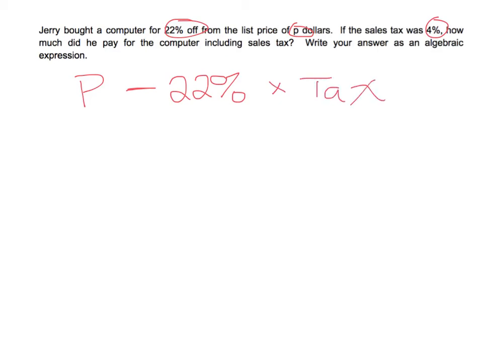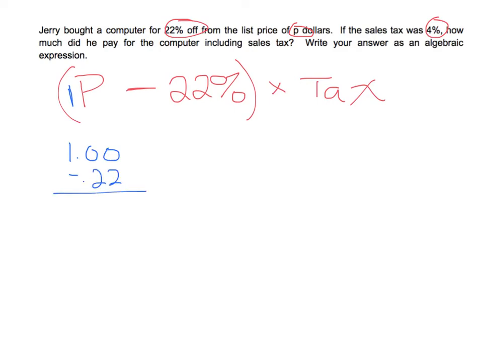So this is kind of the order. The sales tax will get applied to the discount. After the discount, that's when the sales tax goes into effect. So, in order to do this, we will just say there's a 1 in front of the P. So really, we are going to be doing 1.00 or 100% minus the discount.